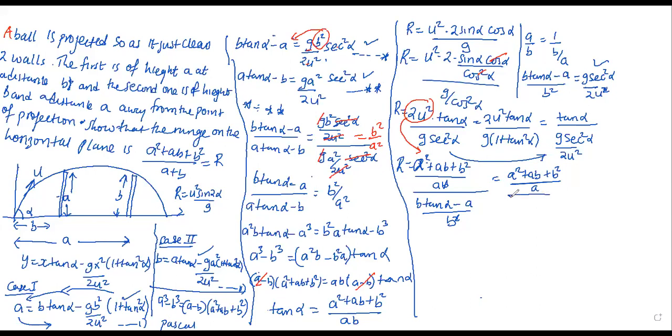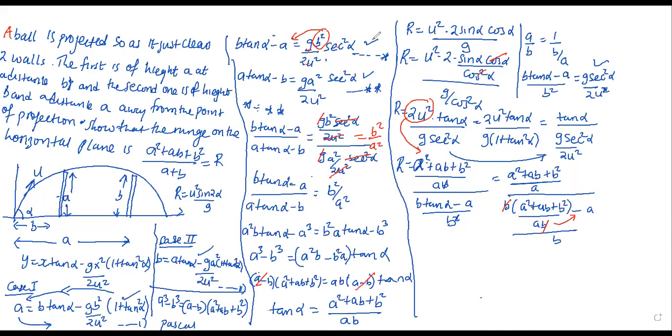All of it divided by b into a squared plus ab plus b squared divided by ab minus a, all is divided by b. I lose this b with this one. Are we together? This a is going to multiply this one.